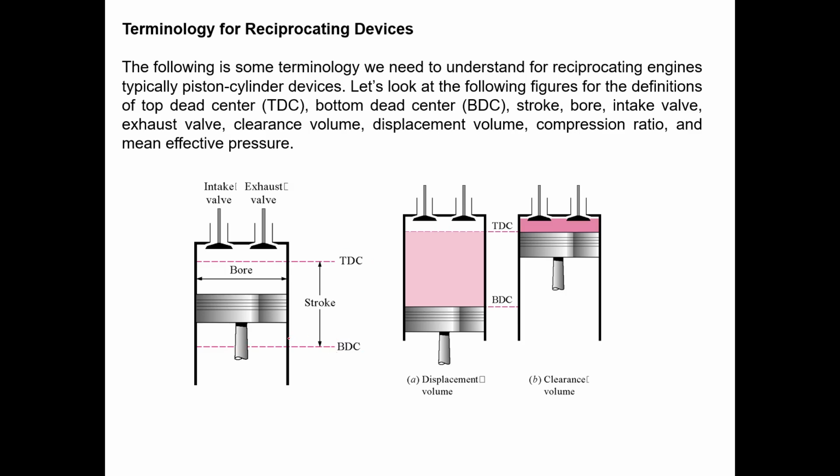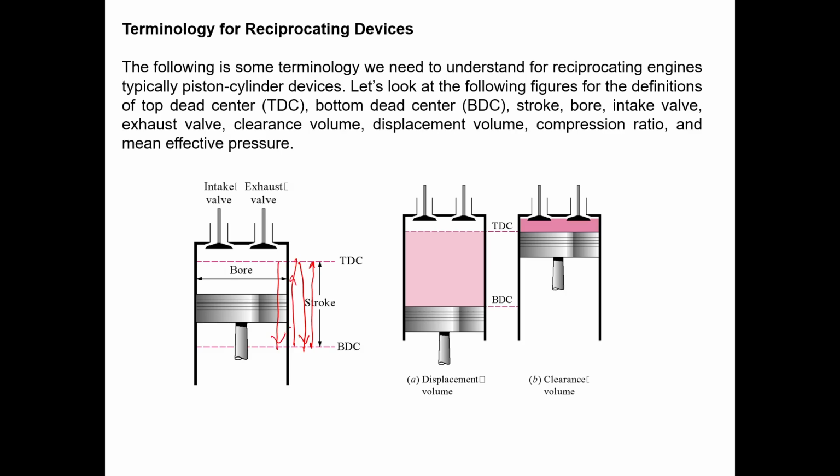Now you may be familiar with 4-stroke engines and 2-stroke engines, but in this case we are studying 4-stroke engines. A 4-stroke engine means you go from here to there, one stroke, again from here to there, another stroke, and again two more strokes.